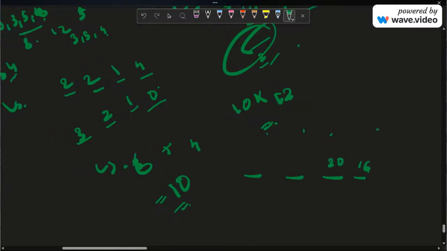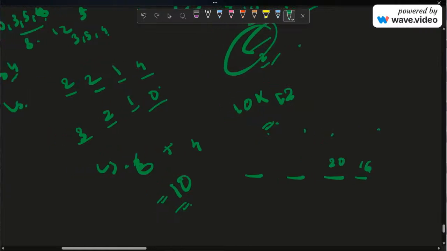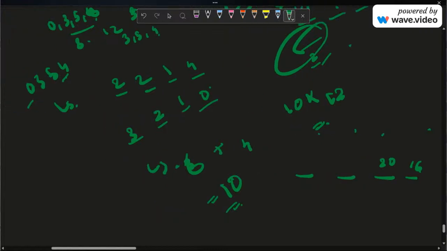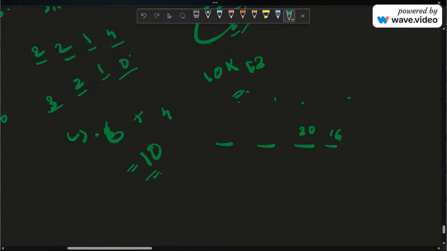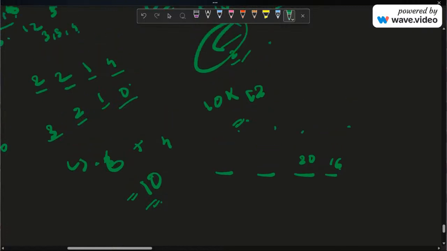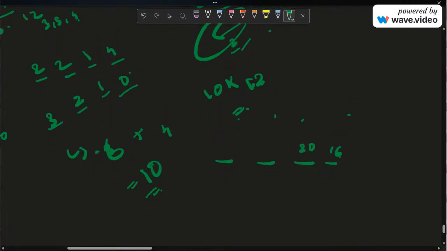Now let's move to next. And here, when 4 is there, again 20 and again 20. I think so. 20, 0 will add up to nothing. 20 and 20.